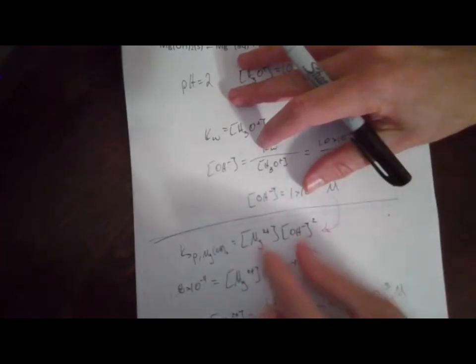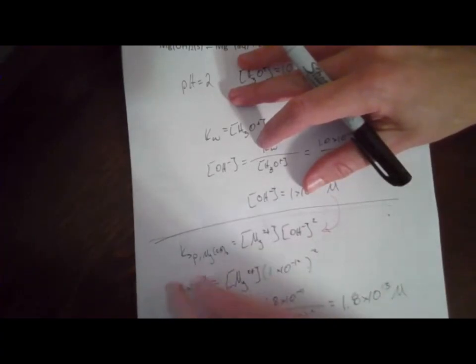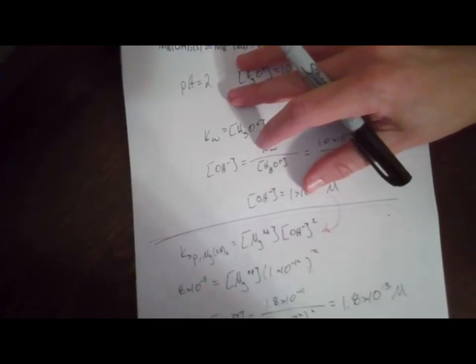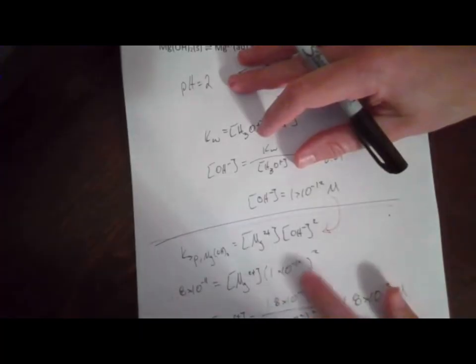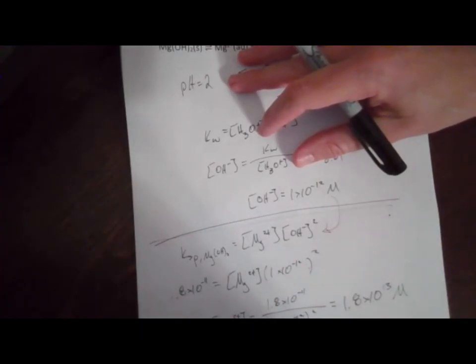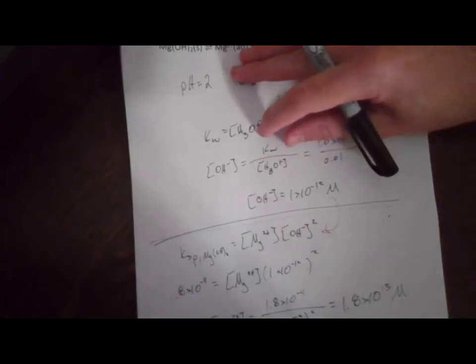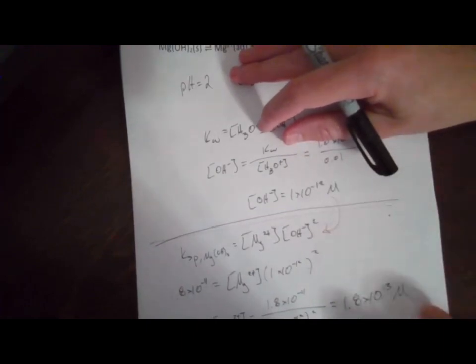In any given solution, they have to be equal to this if it's in equilibrium. And so at pH equals 2, the hydroxide concentration is locked at 10 to the negative 12, super low. And as a result, the magnesium concentration would need to be huge to reach equilibrium. So this is stupidly big. This is never going to happen.